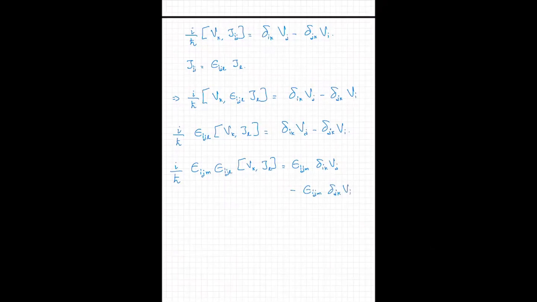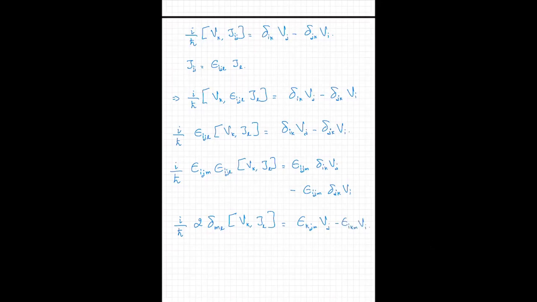Again, on the left hand side, epsilon_ijm epsilon_ijl is 2 delta_ml. So this is 2 delta_ml [V_k, J_l] equals, the delta_ik forces i to be equal to k, so I get epsilon_kjm V_j, and the delta_jk forces j to be equal to k, so this I can write as epsilon_ikm V_i.